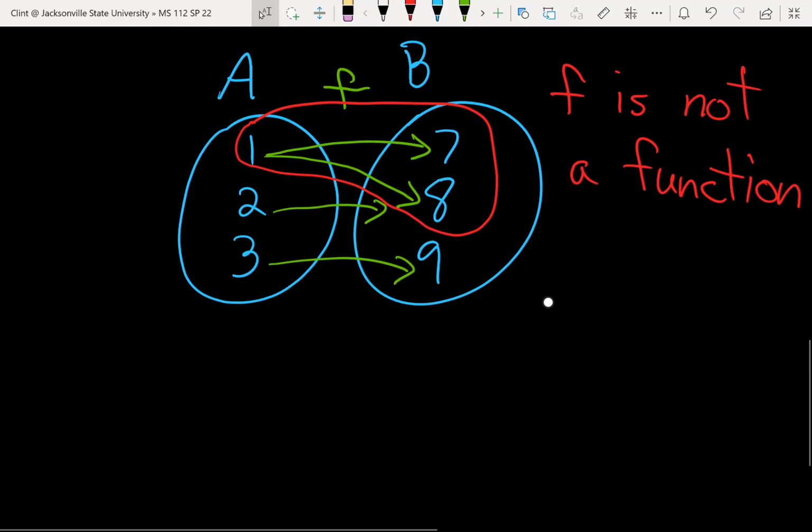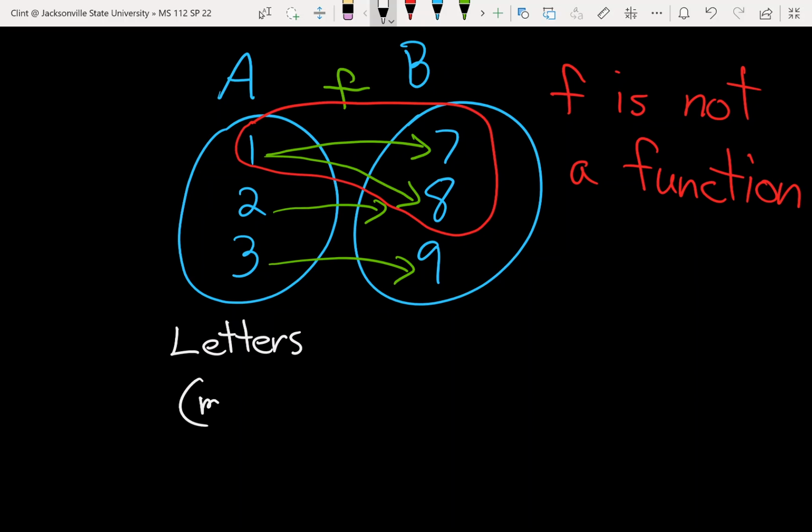One way you can remember that, probably my favorite way to remember it, is you can think about the inputs as being letters you send in the mail, and the outputs as being mailboxes. So it's okay if you have a mailbox with more than one letter in it.